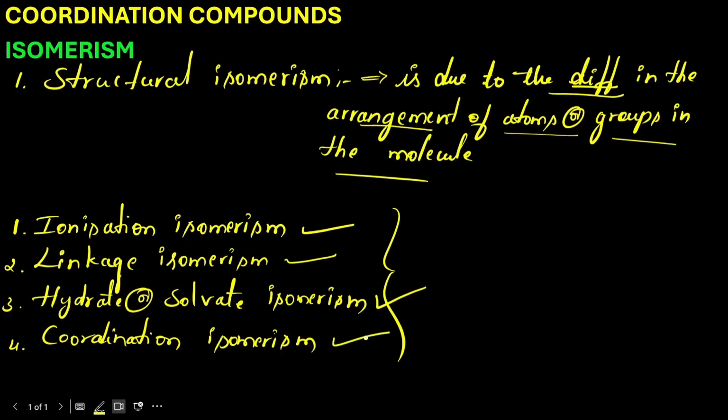And fourth one is coordination isomerism. First we will see what is ionization isomerism.